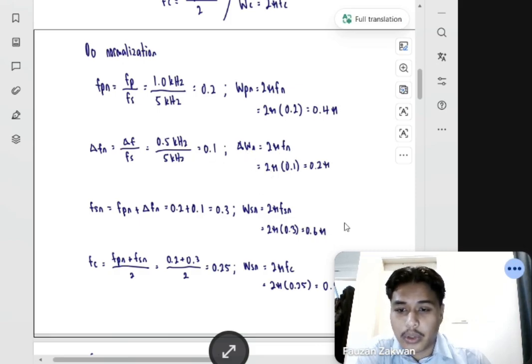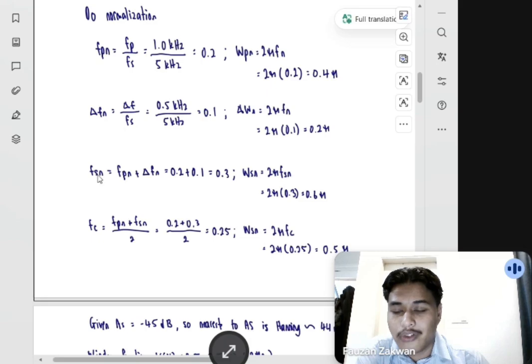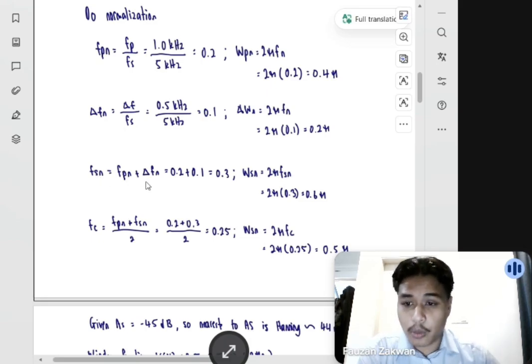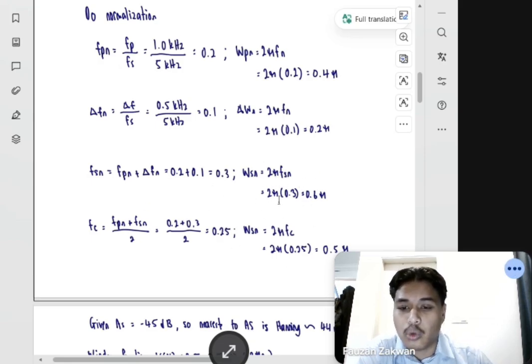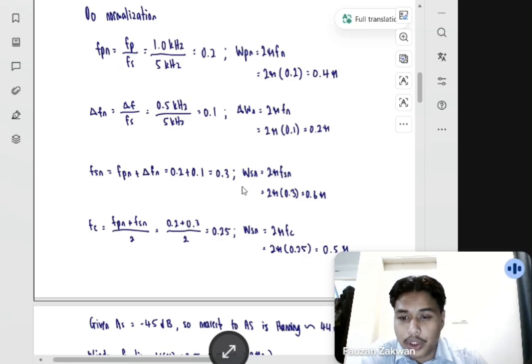We put the 0.1 into the Fn, so 2 pi times 0.1 equals 0.2 pi. For Fsn, the formula is Fpn plus Fn. So we got 0.2 plus 0.1, which gives 0.3. We put it in the formula Wsn is 2 pi Fsn, so 2 pi times 0.3 that we got before, we got 0.6 pi.